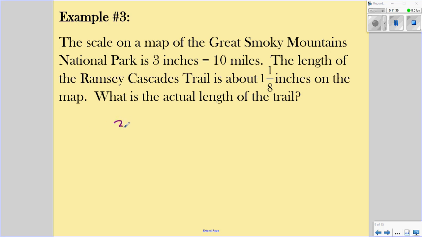So for every 3 inches, it represents 10 miles. So for the trail, they said that it's 1 1/8, so that is in decimal 1.125. They want to know what's the actual length. So that's the missing piece that we're looking for.